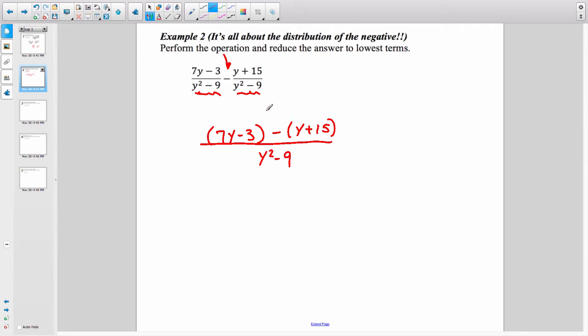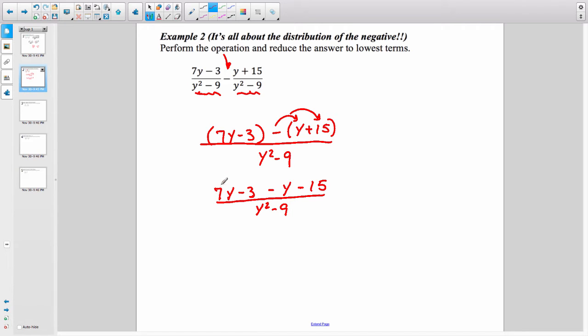So I wanted to give you this example to show you how important it was to remember to distribute this negative. So we're going to rewrite this as follows. Minus y minus 15.